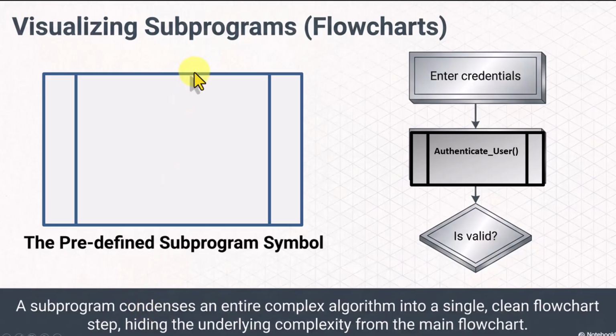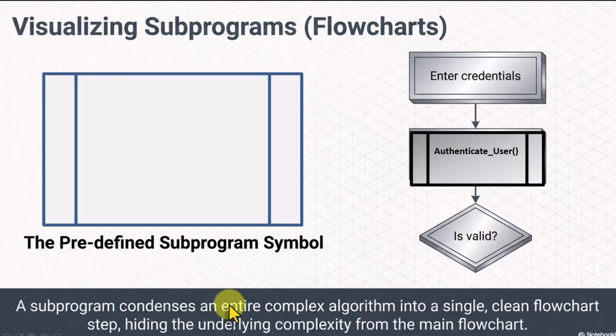So that is start and end, and calling it is done with this shape, a rectangle with 2 lines around it. Say, calling authenticate user, maybe that is another subprogram, and here I simply call it, and it does not take any input. If it takes any input, you can write it here. Then after that you can perform your next step.